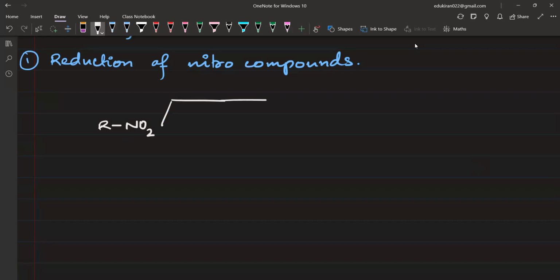You can react this with H2 in the presence of nickel, Pd or Pt. Generally, we use palladium, and you can use ethanol as a solvent. You will get RNH2, the primary amine.